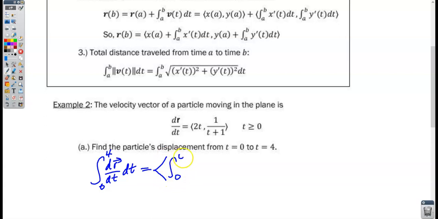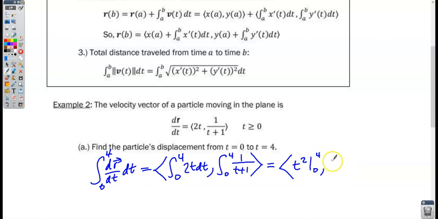So this is going to be the integral from 0 to 4 of 2t dt, and the integral from 0 to 4 of 1/(t+1). That's equal to, let's see, the antiderivative is t squared, and the antiderivative is natural log of the absolute value of t plus 1. Oops, forgot to evaluate this from 0 to 4 before I put those braces on there.